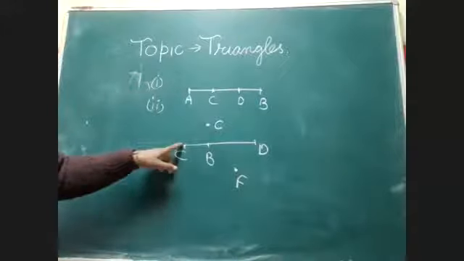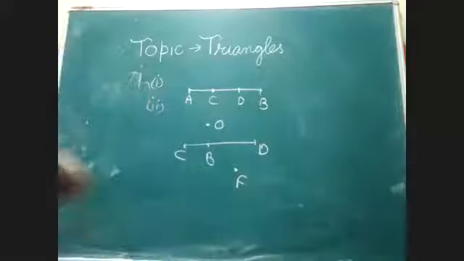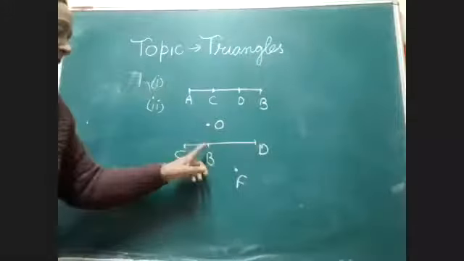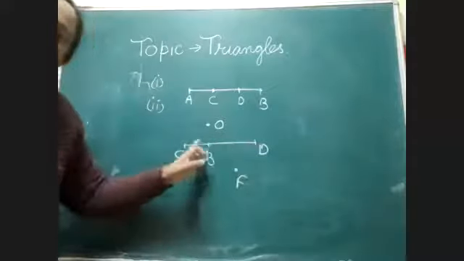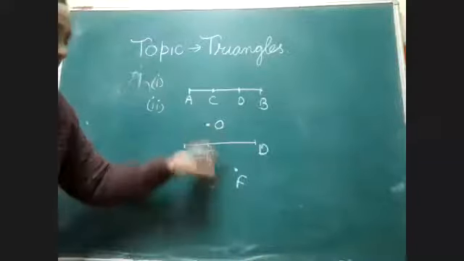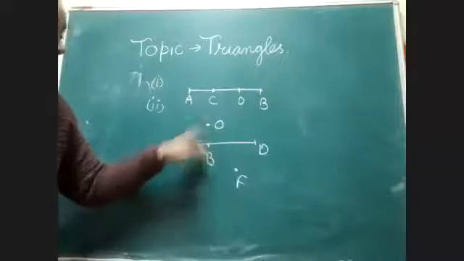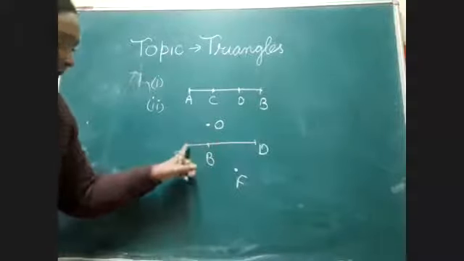For example, here is line C, D, and this is point B. C, B, D, these three points are collinear. But O and F are non-collinear points, because point O and point F are not on the same line.